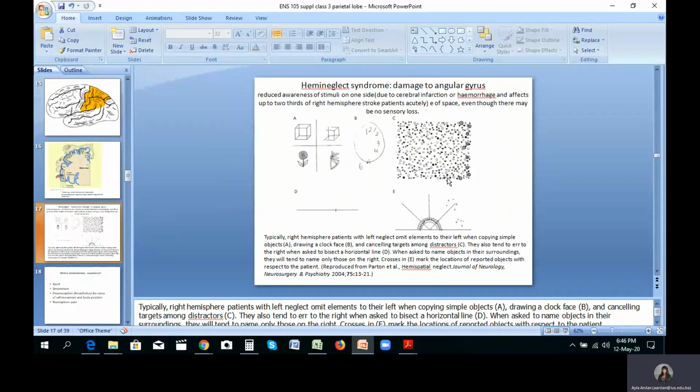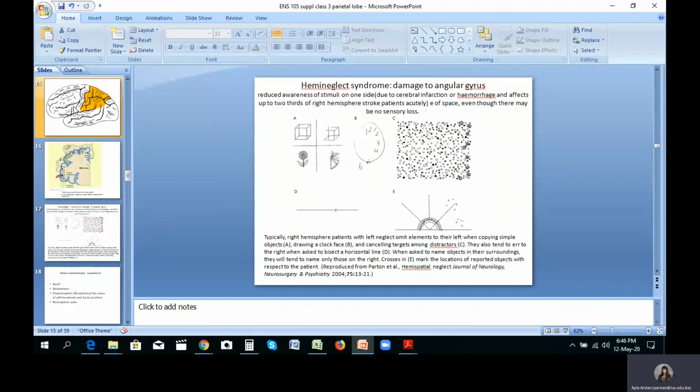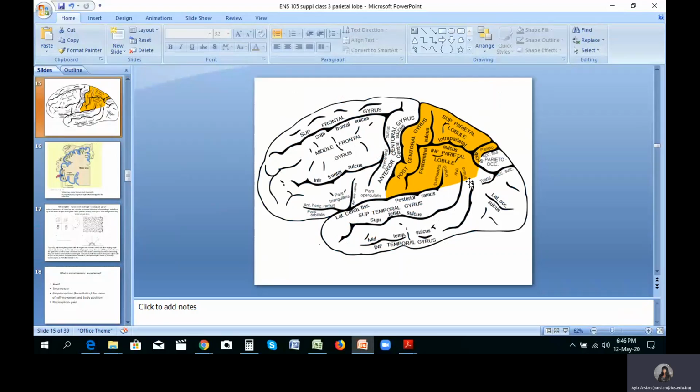Okay, so this was an example to show you how these brain regions are involved in the integration of multimodal sensory and motor associations, because these people are not blind, they have their normal senses. The normal visual sense, for example, is processed in the occipital lobe.